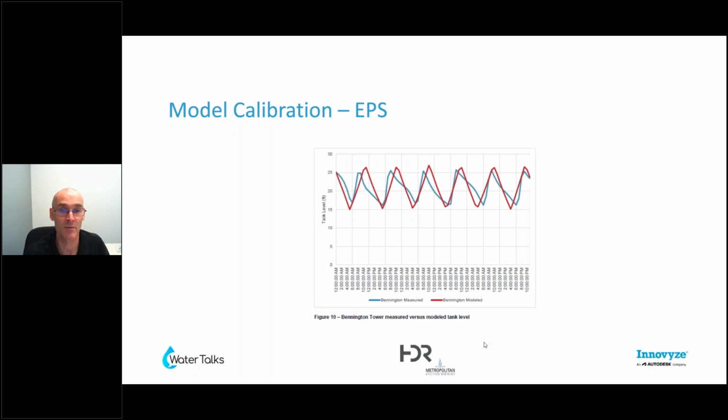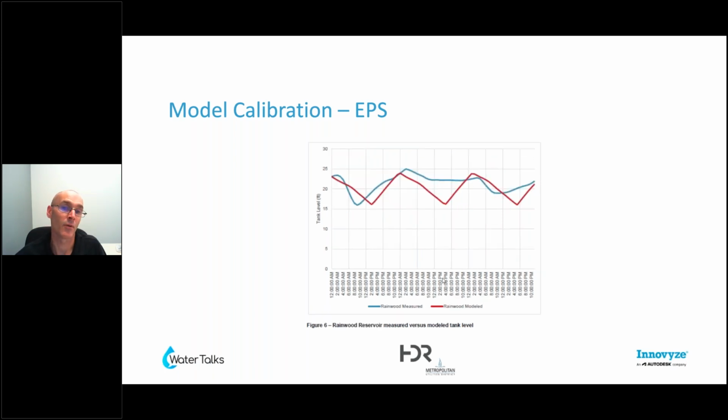So really the best we could do, over the calibration period that we selected, which was the maximum day, was bake in some controls to get tank levels to roughly match, and pressures as well. So this is another one with tank levels. You can see we're not matching perfectly, but we're getting pretty close. So overall, we were happy with the C factor and then the EPS calibration.